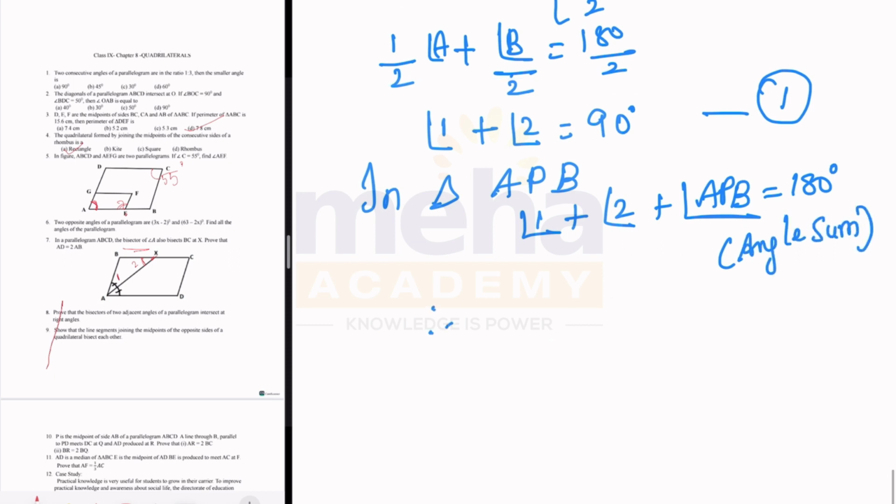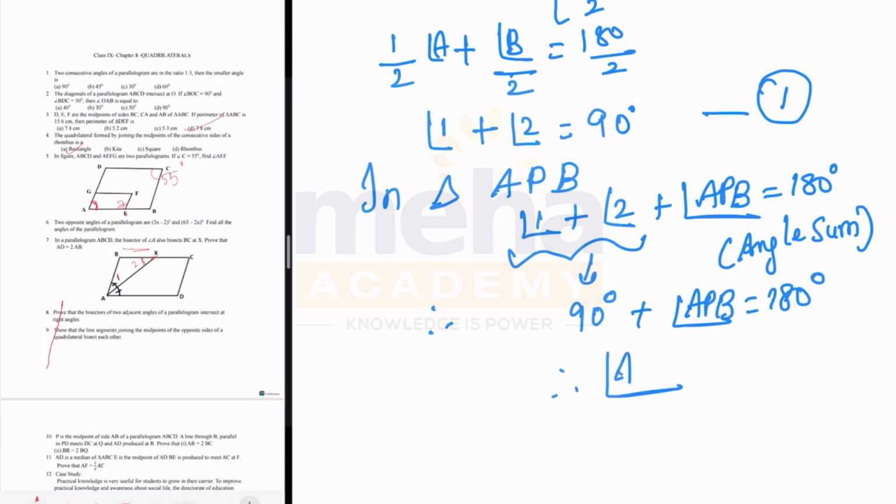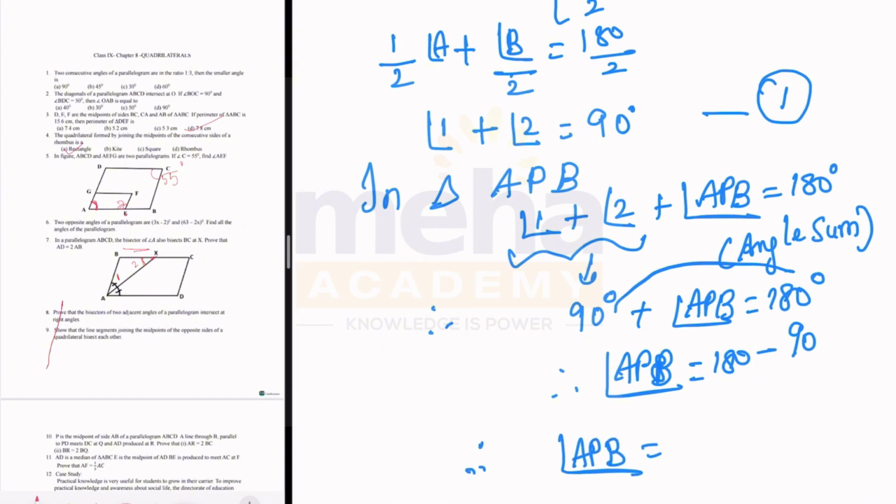From 1 we know angle 1 plus angle 2 is equal to 90 degree, so 90 plus angle APB is equal to 180 degree. Therefore angle APB is equal to 180 minus 90, the sign changes. Therefore it is proved that they intersect at right angles, that is 90 degree.